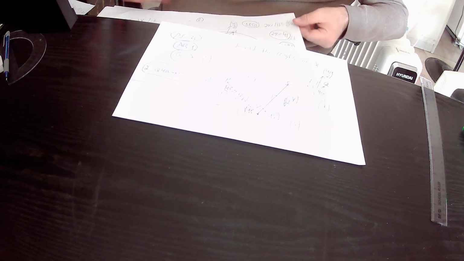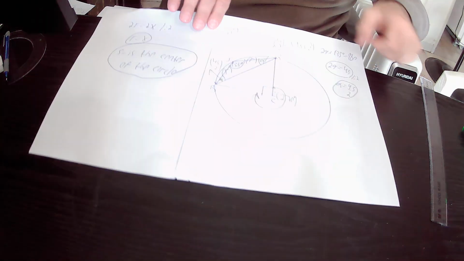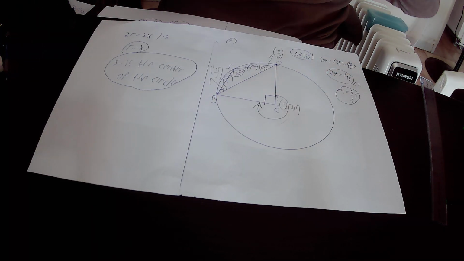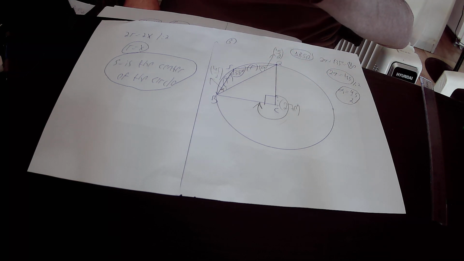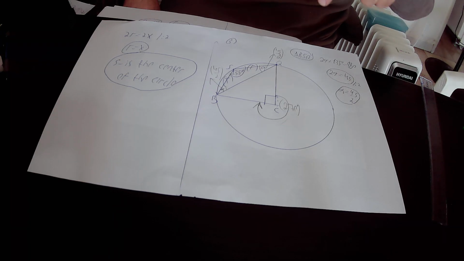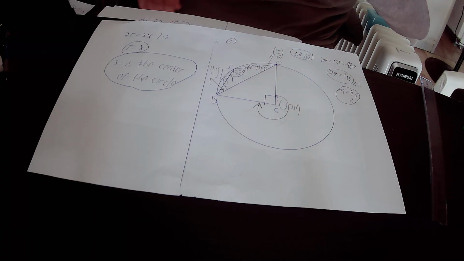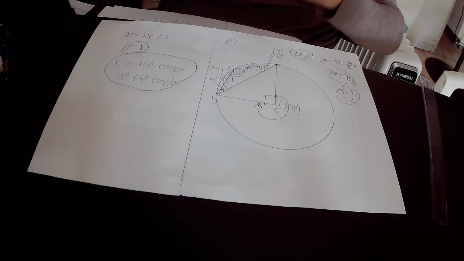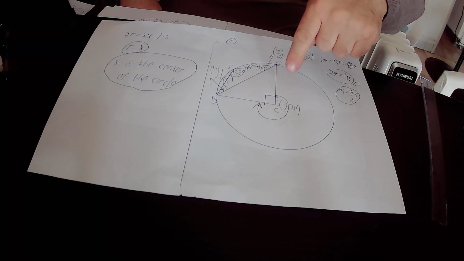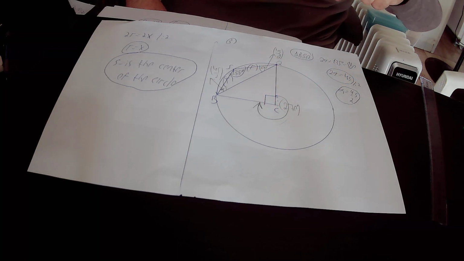Why? Because in our drawing, if you focus on point C, the sum of the angles around point C must be equal to 360 degrees according to rule number 6. So which angles do we have around point C? We have this angle that is a right angle plus the missing angle. In total they must be equal to 360 degrees according to rule number 6. Therefore the missing angle must be equal to 270 degrees.